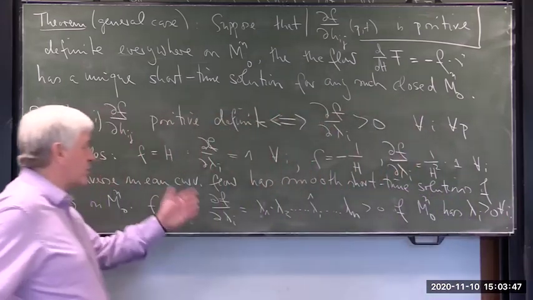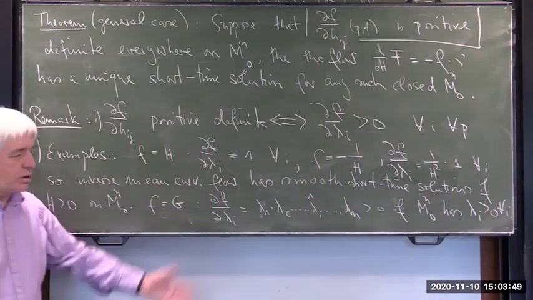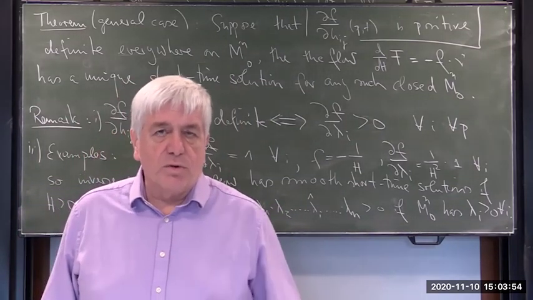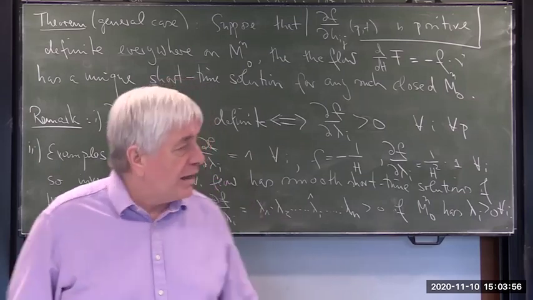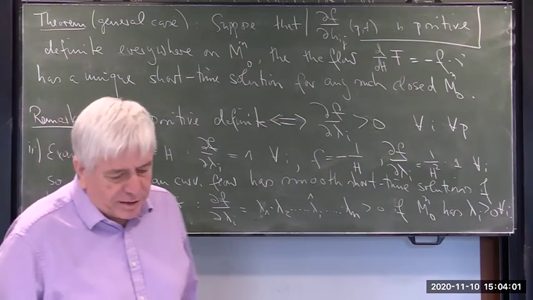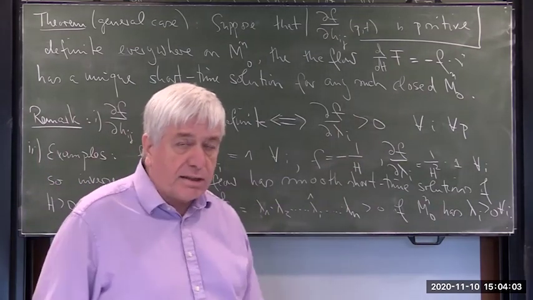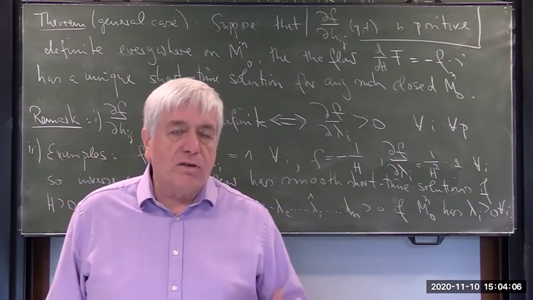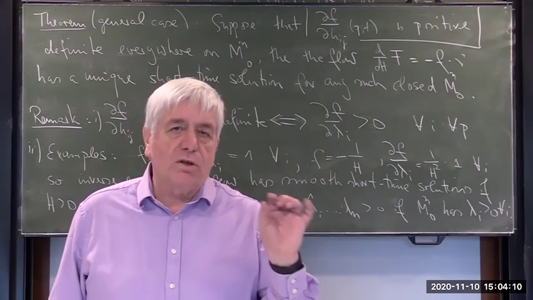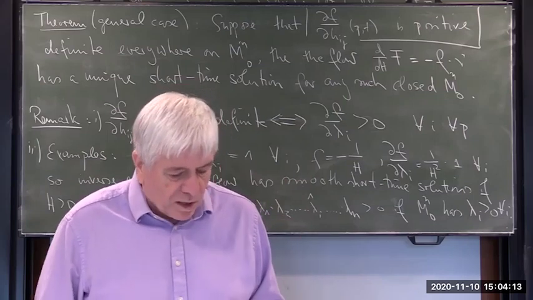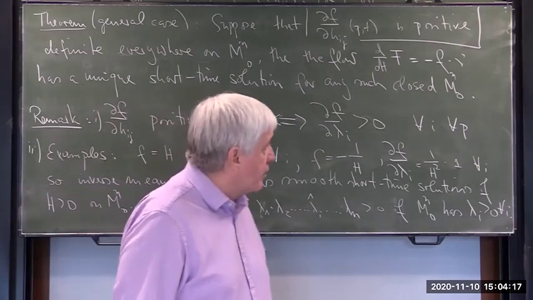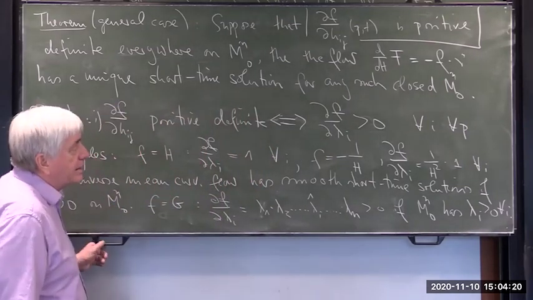So we get that Gauss curvature flow has a smooth solution whenever you have a strictly convex, smooth initial hypersurface. And so on. So you can, for each of these geometric evolution equations, use this criterion quite easily to see under what condition you get a unique, smooth, short time solution on some short time interval. Okay, that's how much I wanted to say about short time existence.